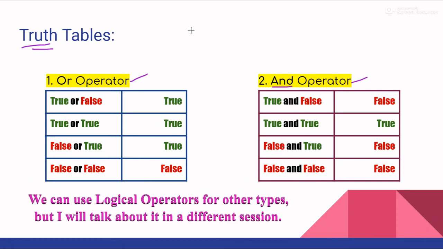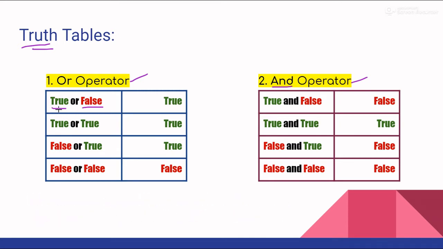So we are only going to use true and false as the values. For the OR operator, whenever one of the values is true and one of them is false, the result will be true. So whenever we do true or false, it will result in true.